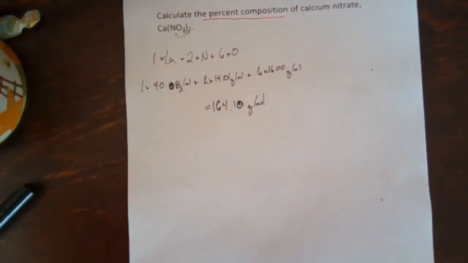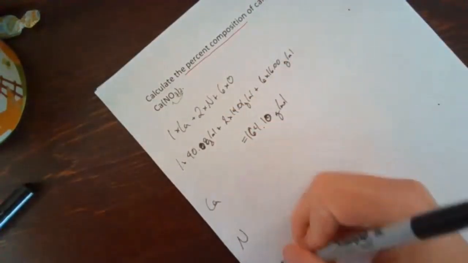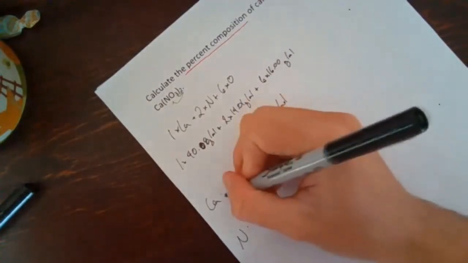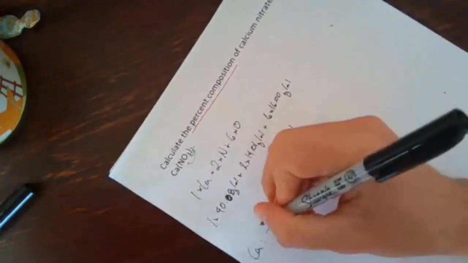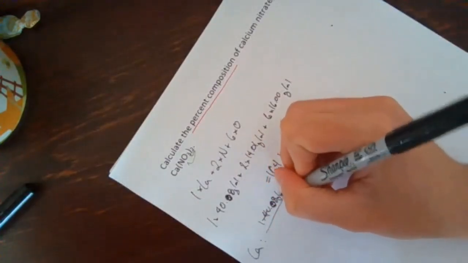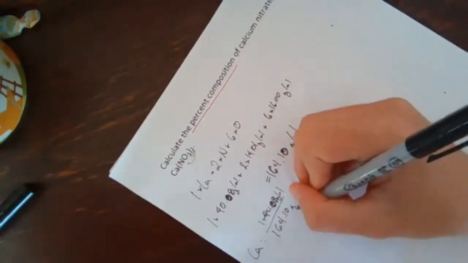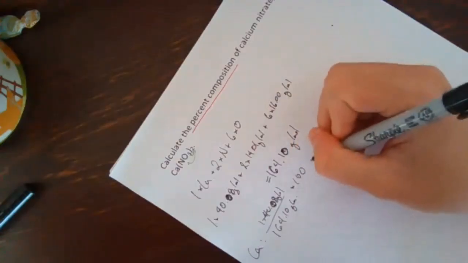So the idea of percent composition is what is the contribution of my different atom types to this overall mass. So what I'm going to do is take each type: calcium, nitrogen, and oxygen. And how I'm going to calculate this for calcium is 1 times the 40.08 grams per mole divided by the total 164.10 grams per mole times 100.